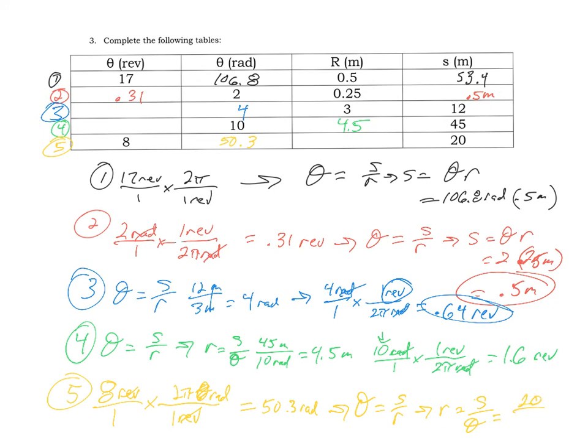And my radians, we just did this, is 50.3. So 20 divided by answer, since it's already in my calculator. And I get 0.40. And what were we looking for? So that'd be 0.40 meters.